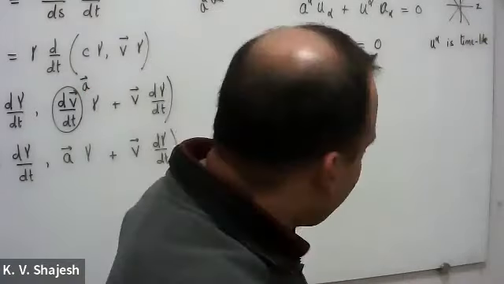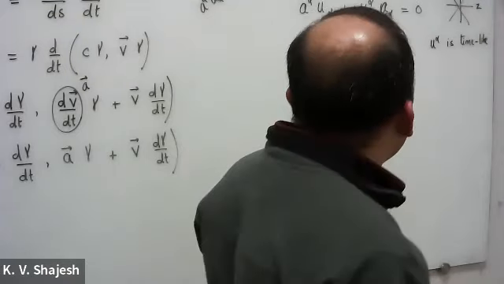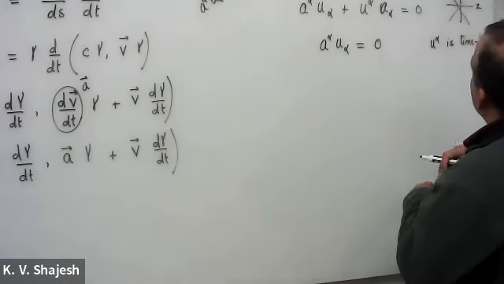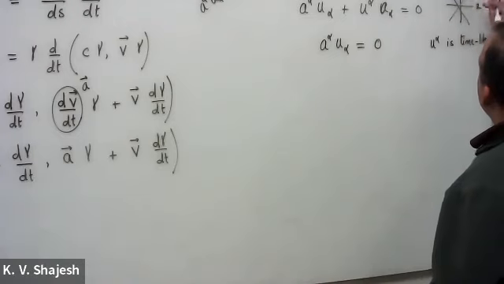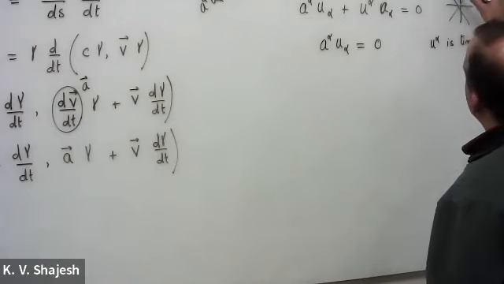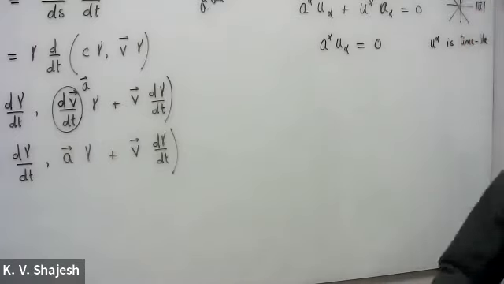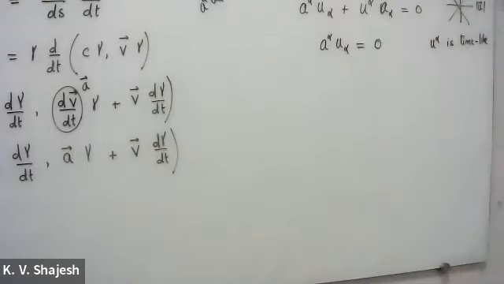Actually, that's not the right way to say it because that's ct and z, right? So I should say u0 and u. It's in this domain, so it's a time-like vector.